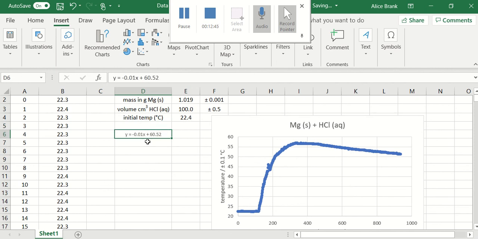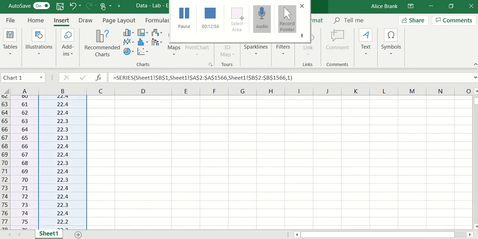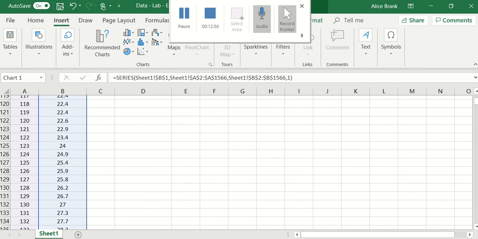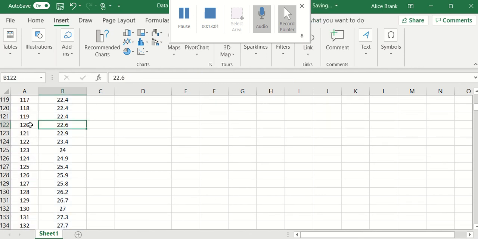So now I need to use this equation. So I need to figure out what time I added my reaction mixture, added my solid in this case. So I would say right here, 120 seconds.